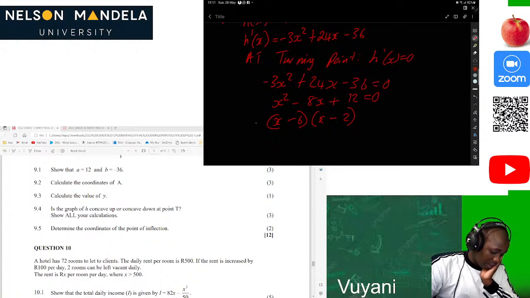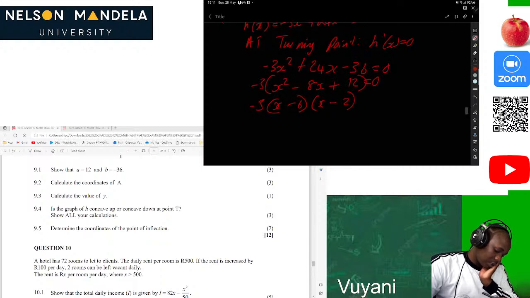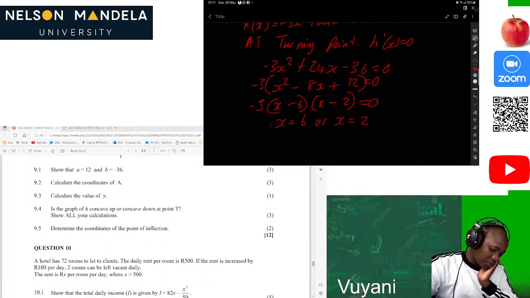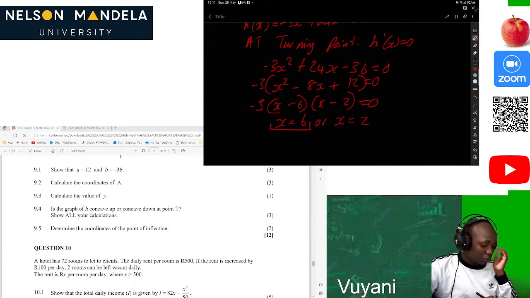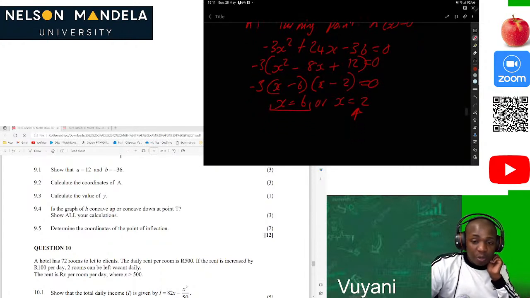Then we have our common factor here, which is negative 3. Equal to 0. Then we can see that x is equal to 6 or x is equal to 2. Of course, we already saw that B has x equal to 6, which means A will be 2 comma something.